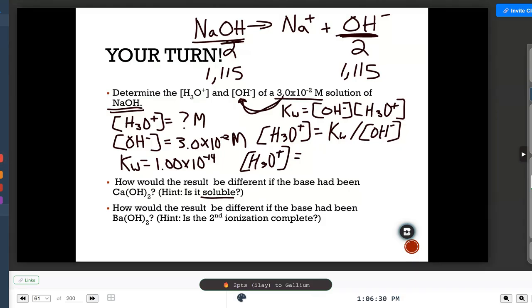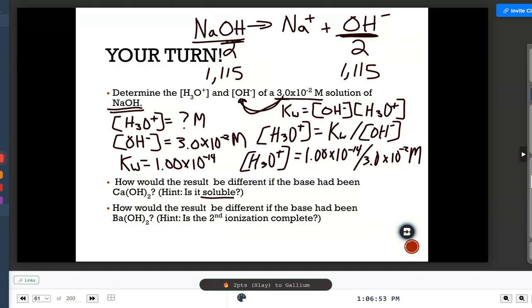That's the question. Oh yeah. Would it be 3.3 for the sig figs? So we just have 2 sig figs, right? So it'd be 3.3. All right.